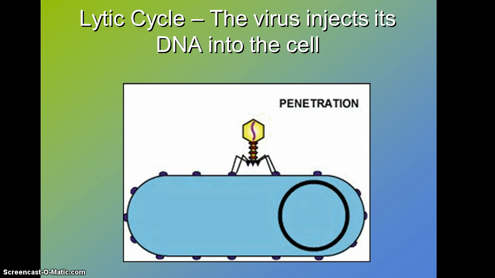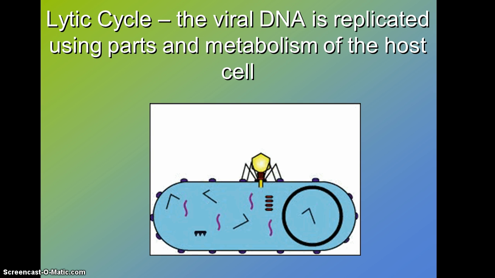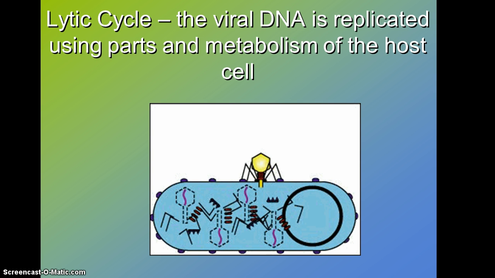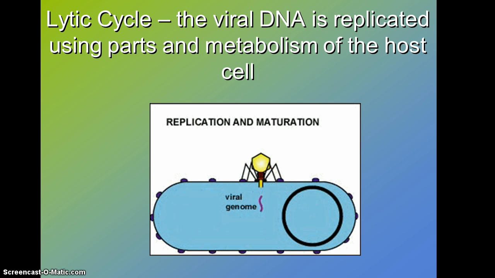Okay, so the lytic cycle, we already have attachment, and then we have the penetration. The viral DNA is replicated. So we have biosynthesis and maturation together. So this is showing biosynthesis and maturation.